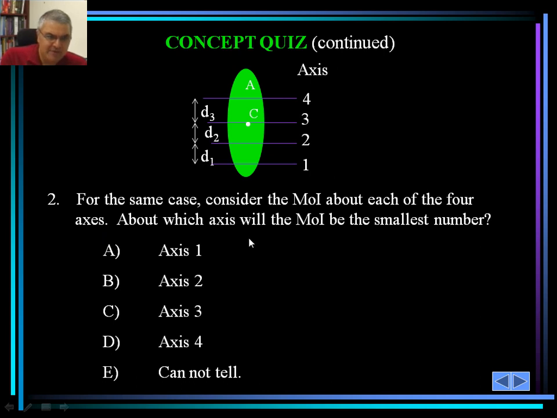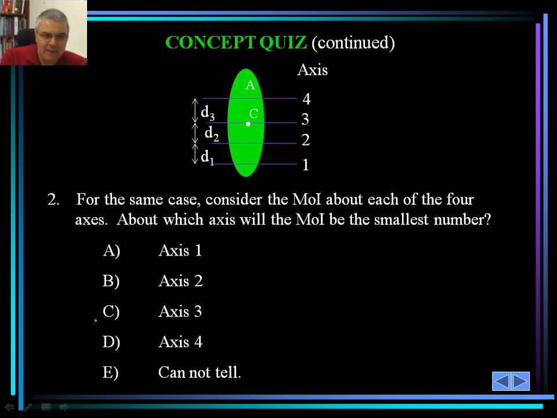About which axis will the moment of inertia be the smallest number? Very interesting. The question is, the smallest about axis 1, 2, 4, or 3.